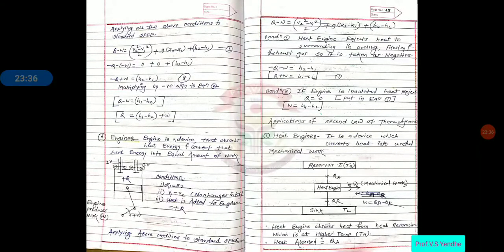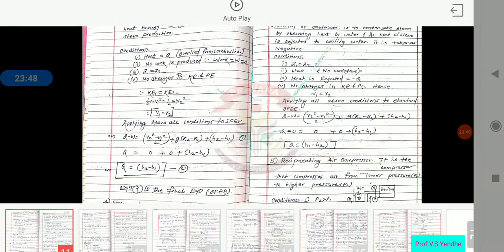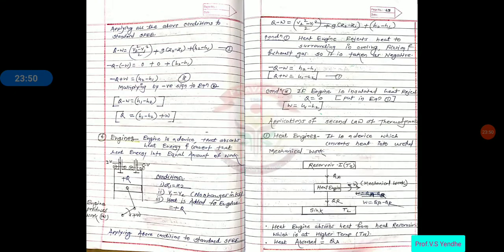Applying all these conditions, we get Q minus W is equal to (V2 square minus V1 square) divided by 2 plus g(Z2 minus Z1) plus H2 minus H1. This is the steady flow energy equation.